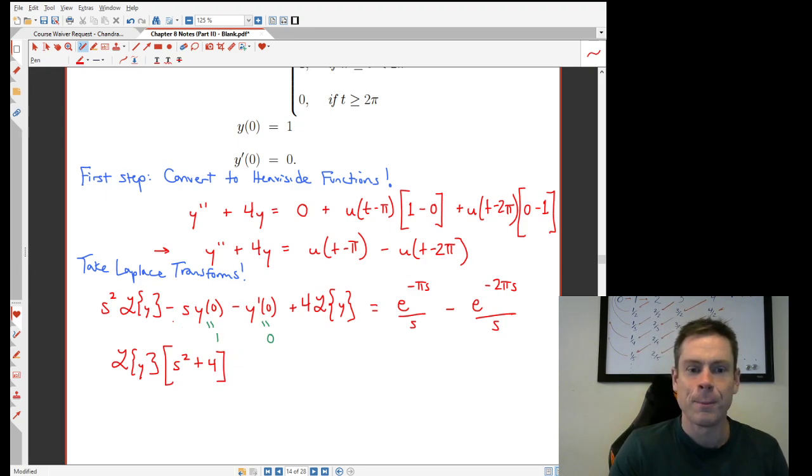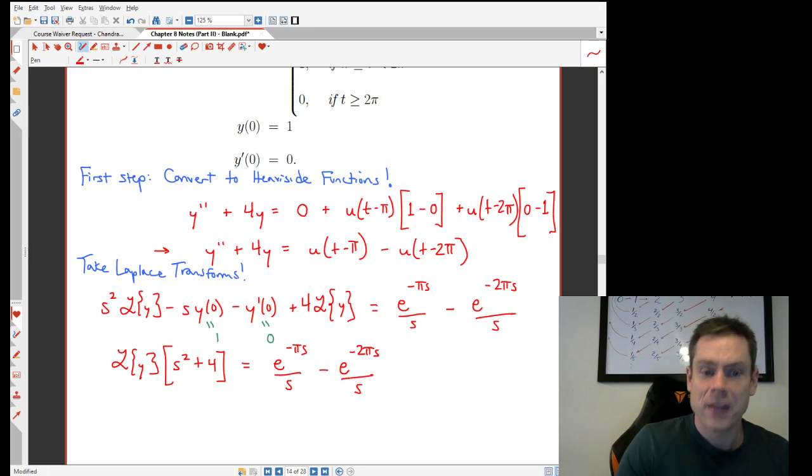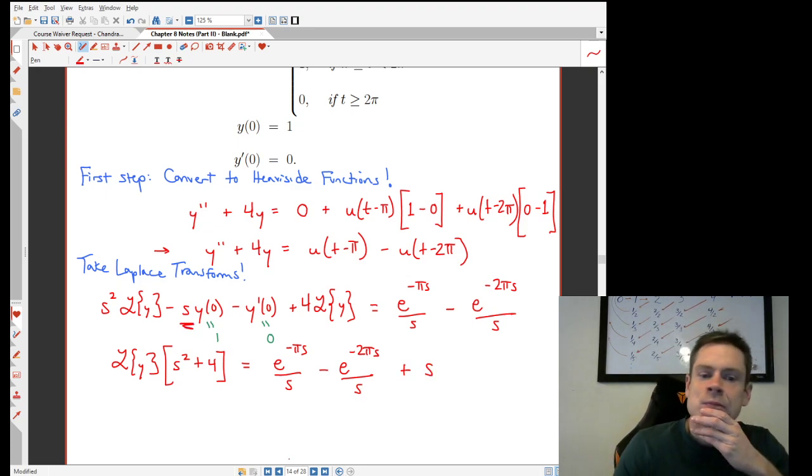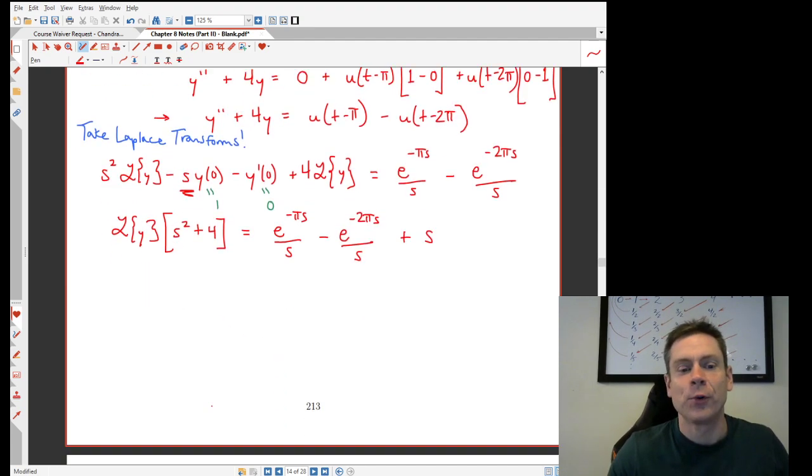And I'm going to take this minus s over to the other side, and then I get e to the minus pi s over s minus e to the minus 2 pi s over s, and then plus s, taking this one over to the other side.